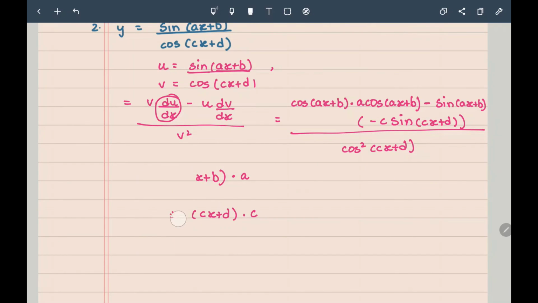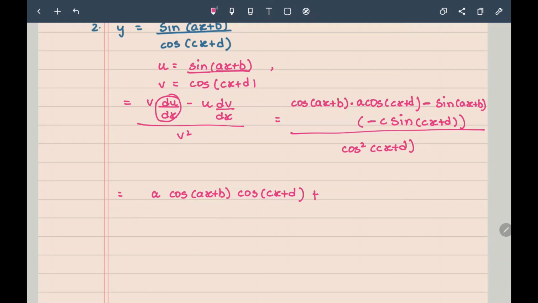So let's simplify the equation. a into cos ax plus b into cos cx plus d. Minus, here there is a minus over here and there is a minus over here.